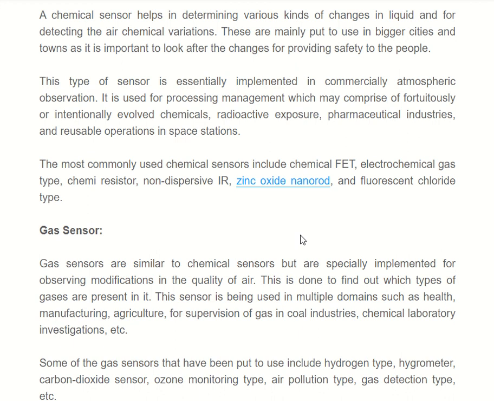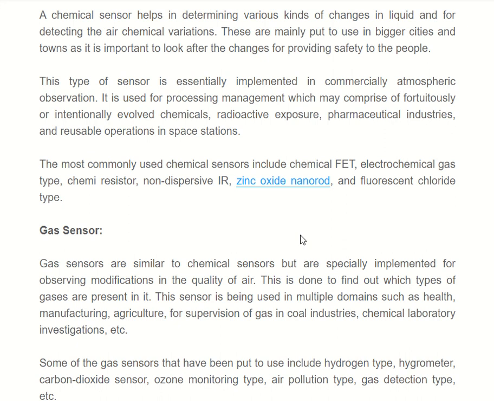And this type of sensor is essentially implemented in commercial atmospheric observations and used for process management, which may comprise intentionally evolved chemicals, or even radioactive exposures, pharmaceutical industries, all use them, even the reusable operations in space stations use these chemical sensors.